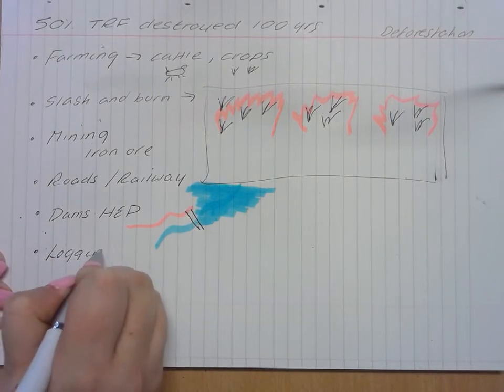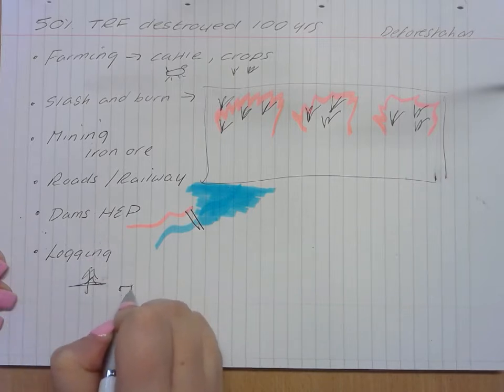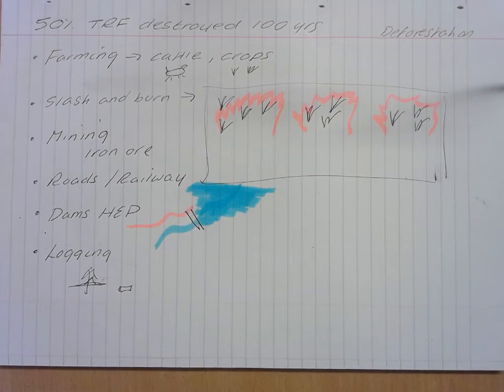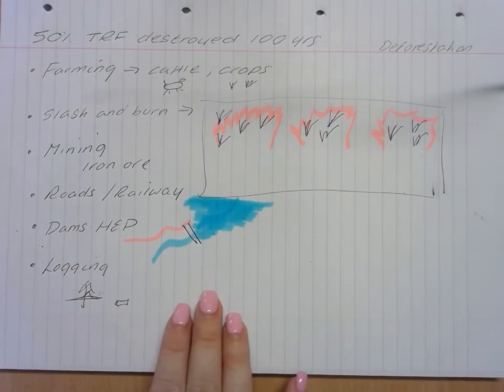So logging, actually cutting the trees down to use for wood, paper, all the rest of it. So logging is another one, and once you've got the roads in there, it all increases. So that's the ways that we destroy it. It's not all of them, but it's some of them, the ways that we destroy it.